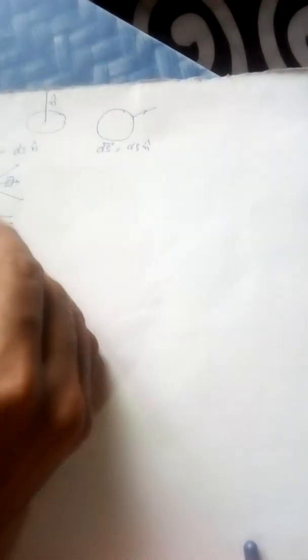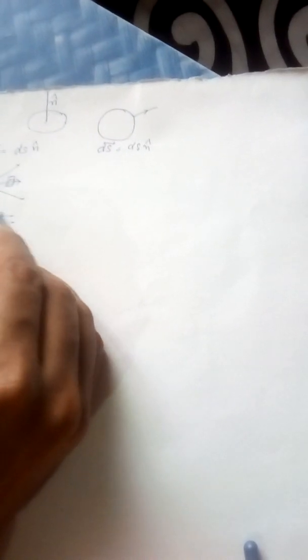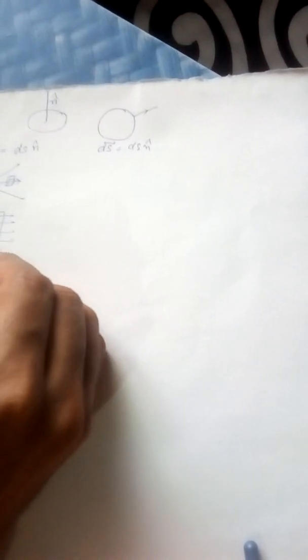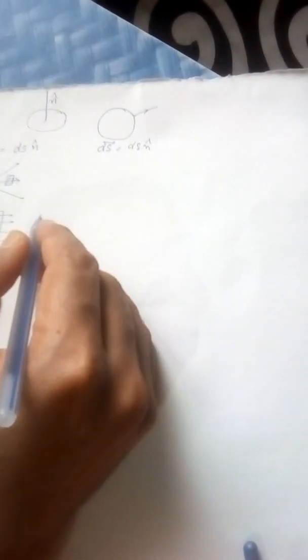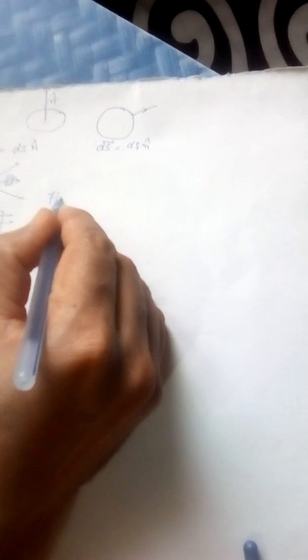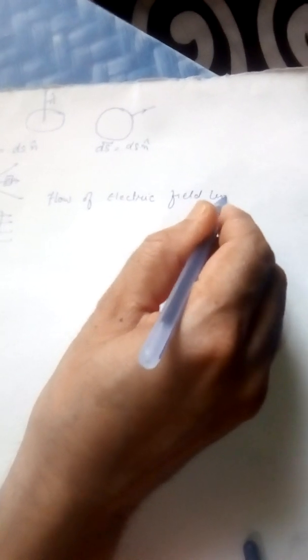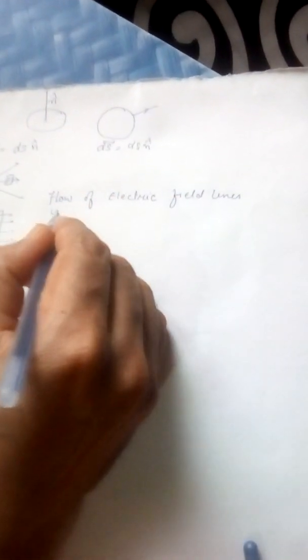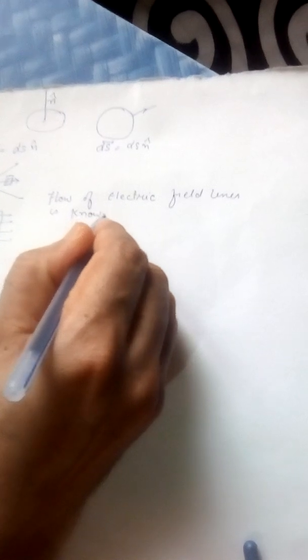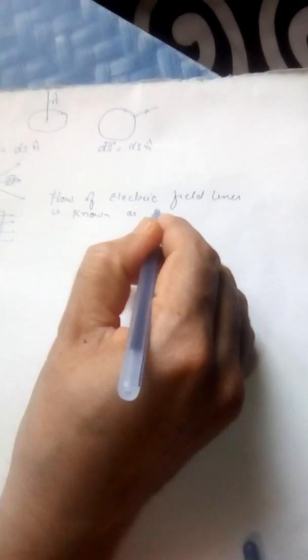If I draw some bigger area, the flow of electric field lines here is more. So this flow of electric field lines is known as electric flux.